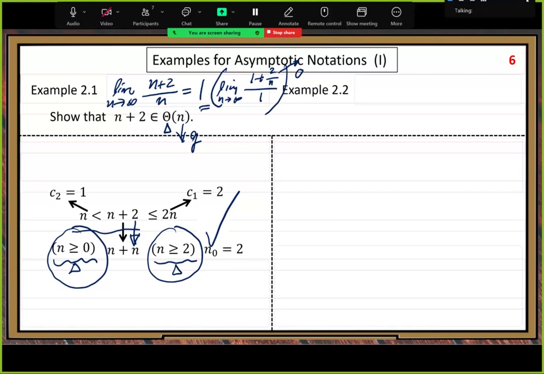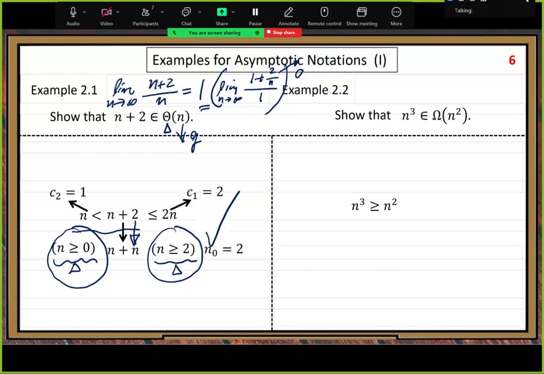All right, second example. Now we need to show n cubed belongs to big omega of n squared. Lower bound.